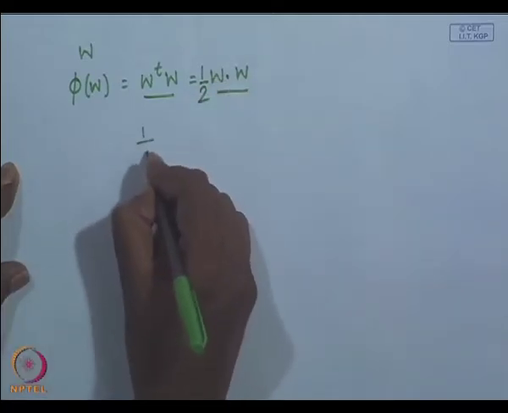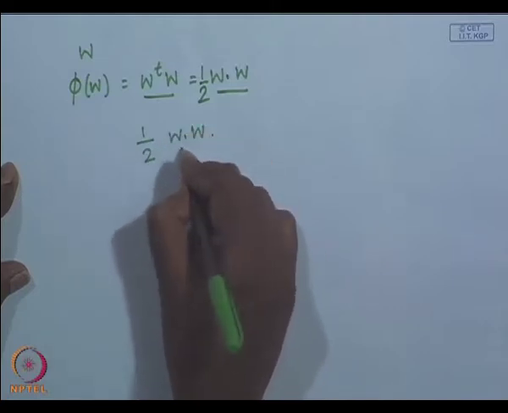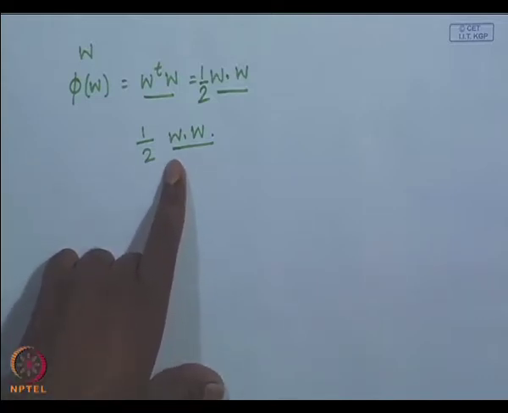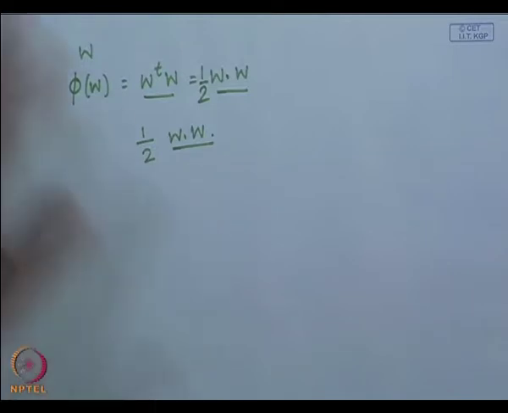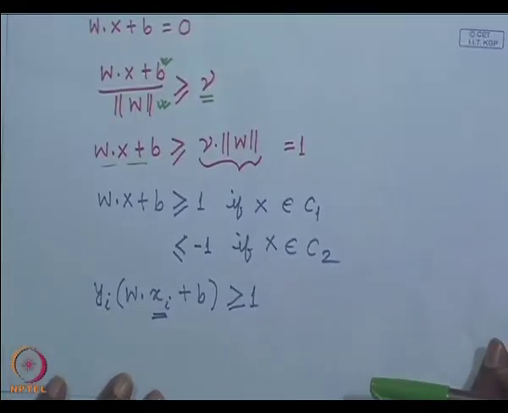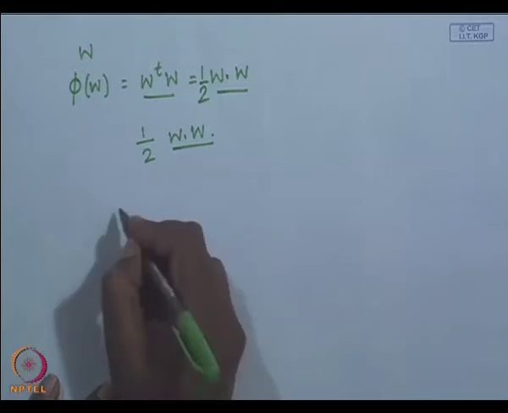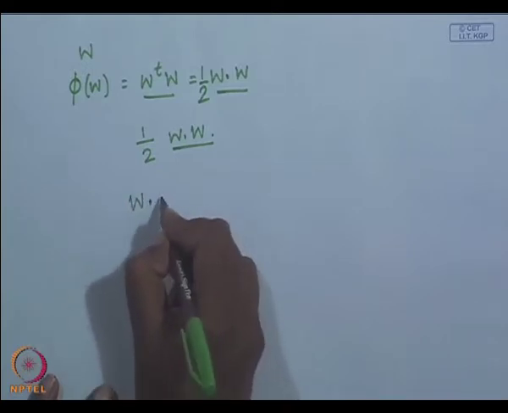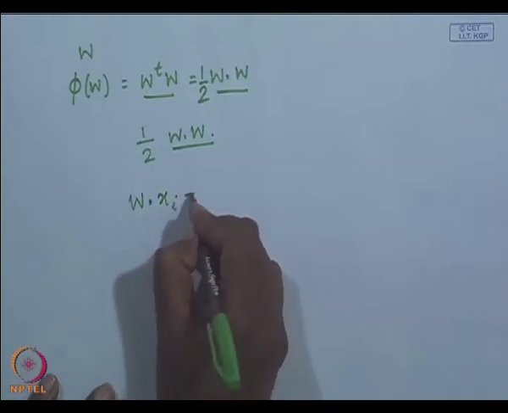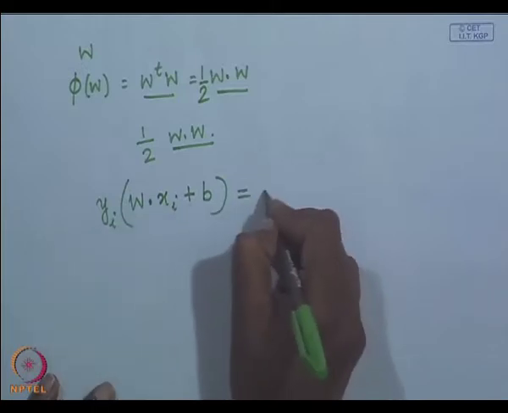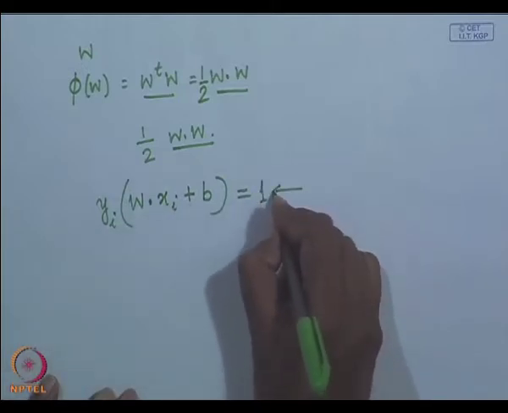So, I want to minimize half of w dot w, and if I minimize only this, the trivial value will obviously be w equal to 0, which is not the solution that I am looking for. So, for minimization of this, I have to look for the other constraint that I have. My constraint is that for support vectors, I have to have (w transpose dot x_i plus b) into y_i equal to 1. So, this is my constraint.